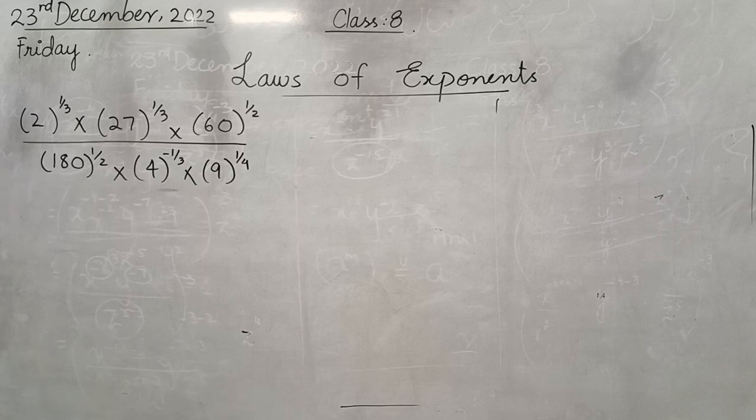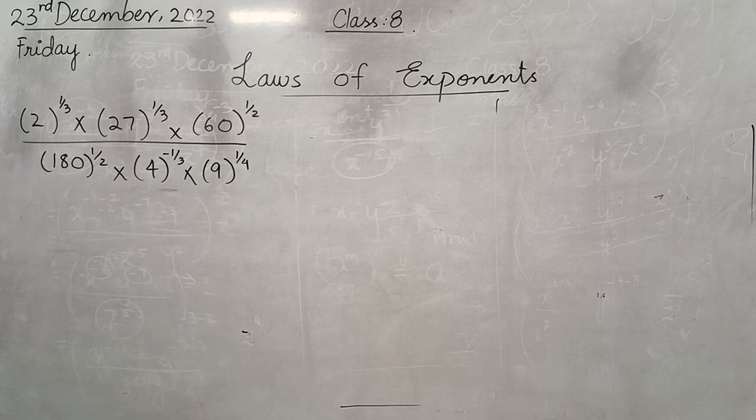You can see all our numbers having some exponents. When we have numbers having some exponents, first step is to take LCM, to convert all the numbers into prime factors. First of all, first step is to find out all the prime factors of each number.